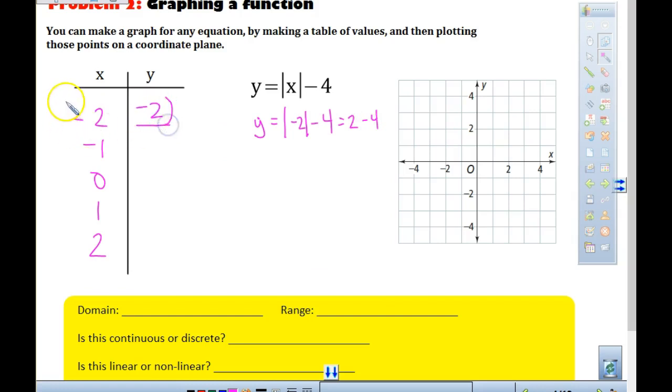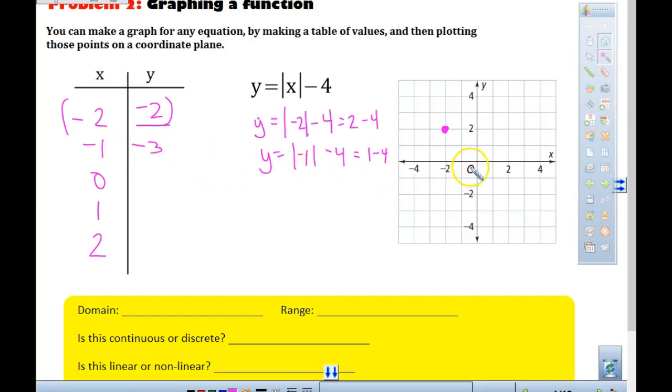So this is my ordered pair, right? This is my x, my y. So we're going to go to -2, -2. We are now going to plug in -1. Y equals, in place of that x, negative 1, please write this on your paper, minus 4. So we got 1 minus 4, which is negative 3.